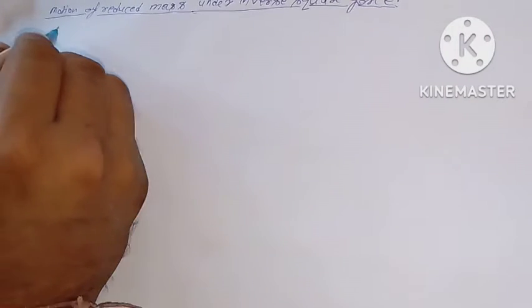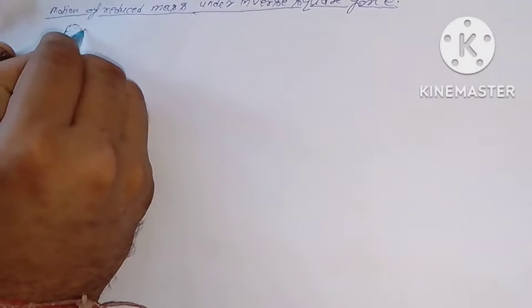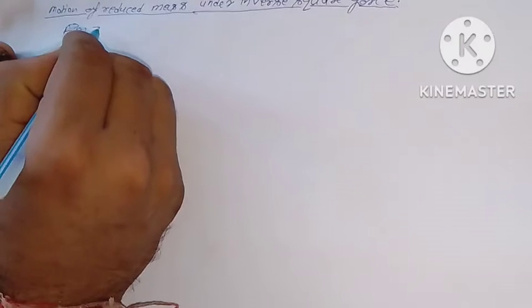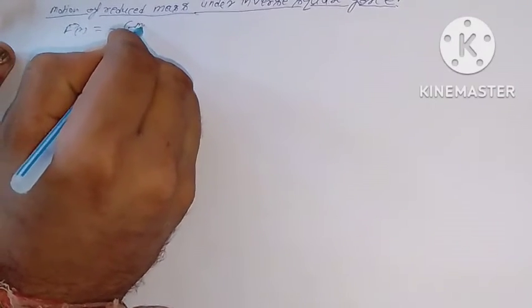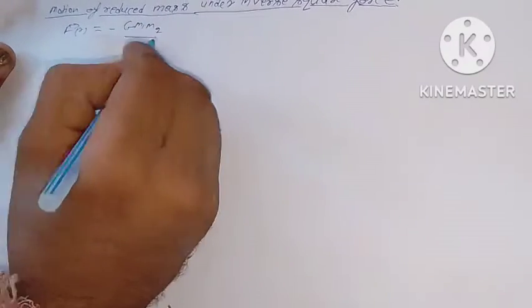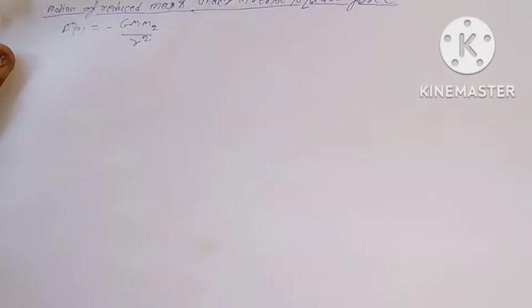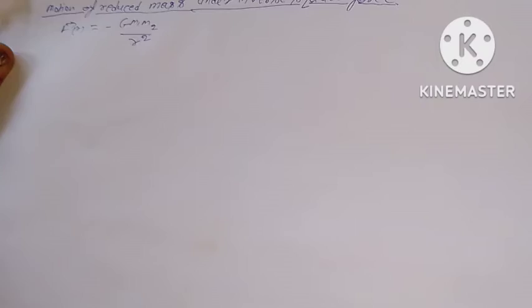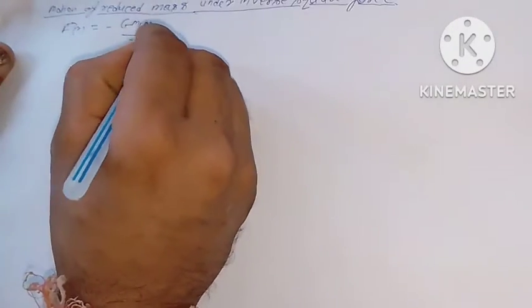For the gravitational attraction between the two mass points m1 and m2, the force F vector r equals minus G m1 m2 upon r square, unit vector r.